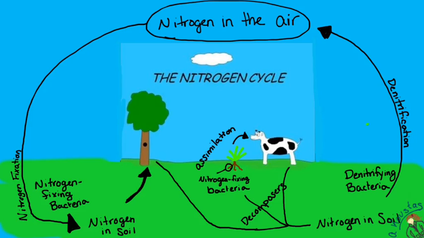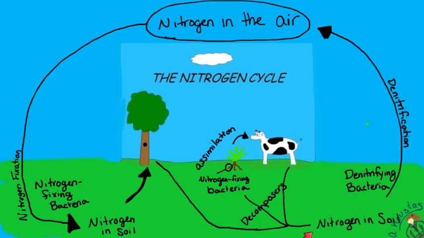It's then taken up through the roots of plants, and animals eat the plants in order to get their nitrogen. Now, plants and animals will all die, and the nitrogen that's in our bodies will be returned to the soil when decomposers pull apart the nitrogen in the dead plants and animals. But once again, this is a cycle, so it needs to return back to the beginning.